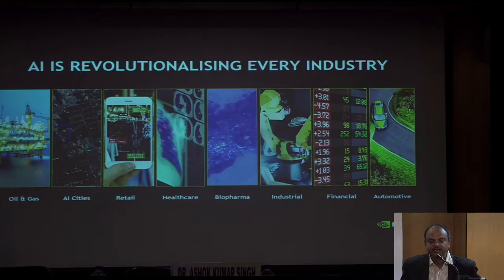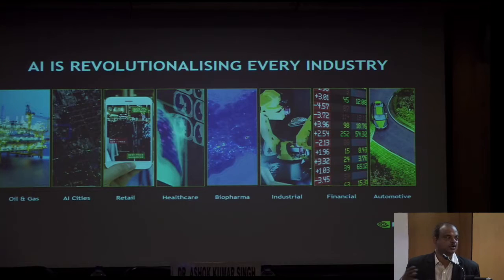For oil and gas, for example, the process of finding the oil and the work involved in every section of it is changing. You look at cities: AI cities is a complete AI problem. From analyzing CCTV camera feeds to identify a person, his intent, and what he is carrying, to driving the full sensor-based city to work in an automated manner, it is a full-fledged AI problem. The same is true for retail.